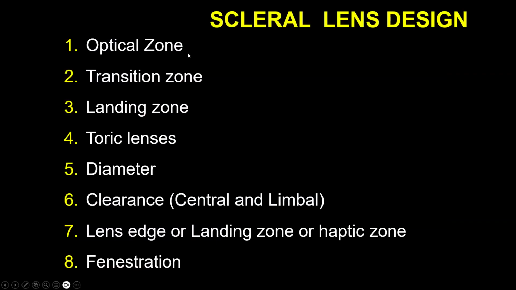So I've mentioned the optical zone, transition zone, the landing zone. Some have a toric part, the diameter, and the other thing to explain here is fenestration. The word fenestrate means having holes.